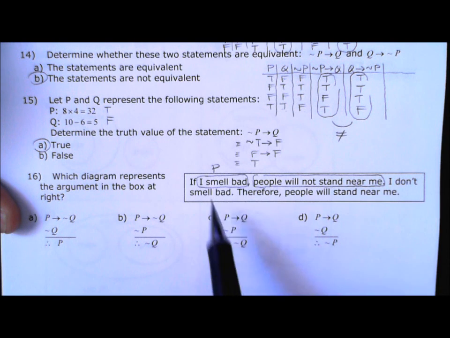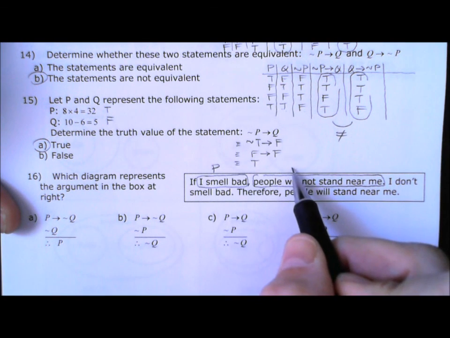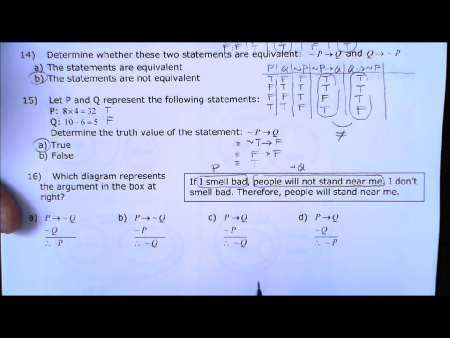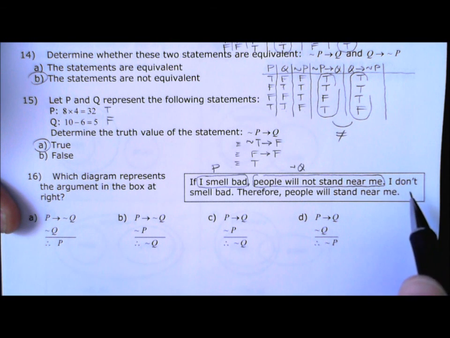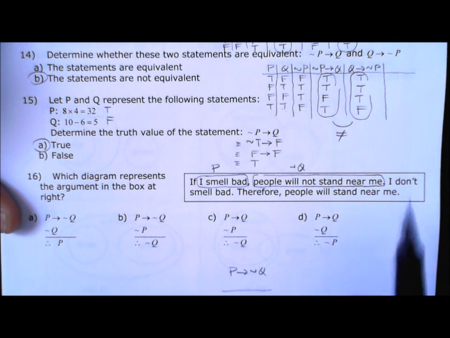So we could call this P implies, and we could start with maybe not Q, where Q is the statement people will stand near me. The next premise is I don't smell bad. That's not P. So if we were to diagram this out, we would be looking at P arrow, not Q. I don't smell bad is not P. Therefore, people will stand near me, which is Q.